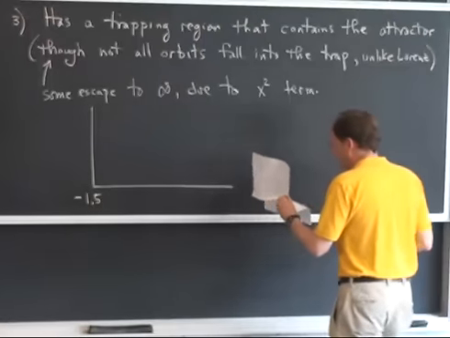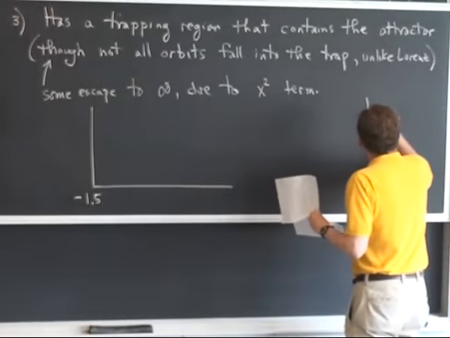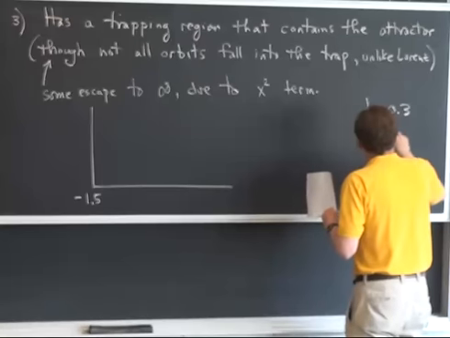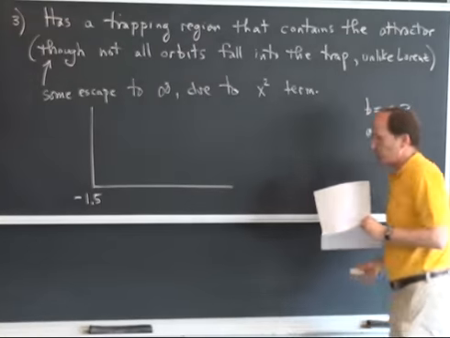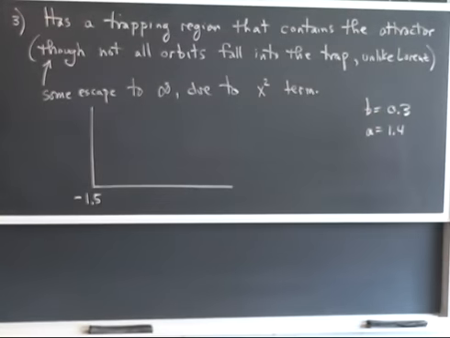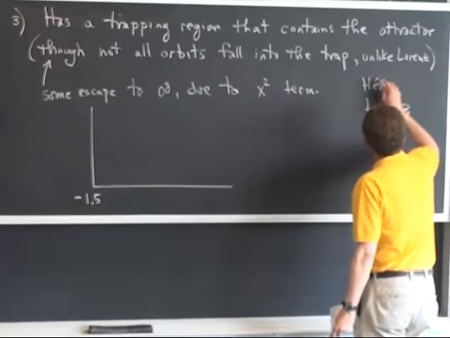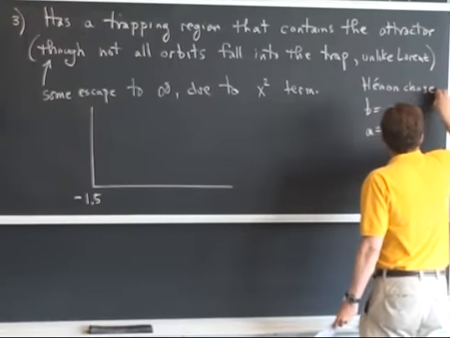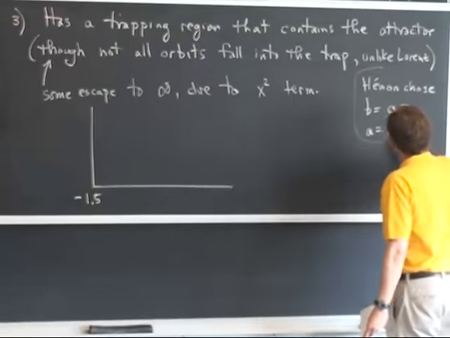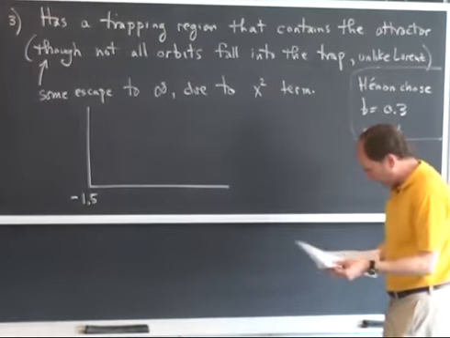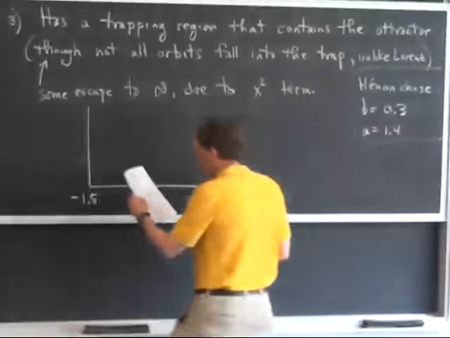So from now on we're going to assume b equals 0.3 and a equals 1.4. Those are the standard values used, and I'll explain why he chose them in a couple minutes. So we'll come back to that, but anyway, he chose them, and with that choice, his trapping region looks like so.